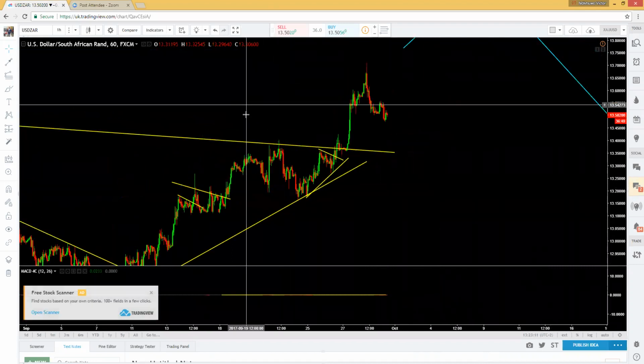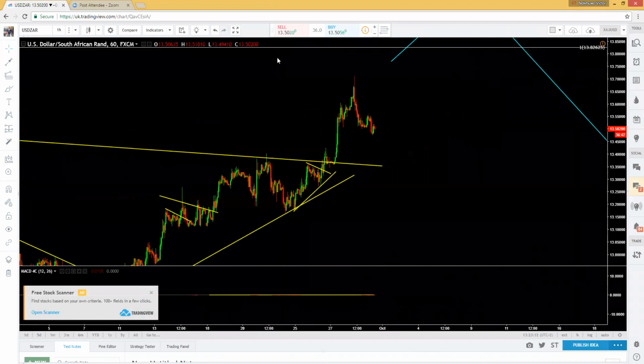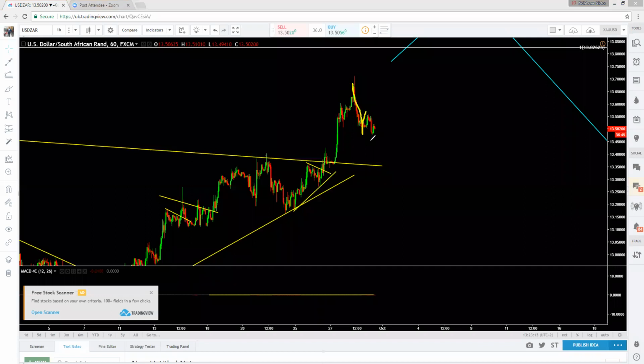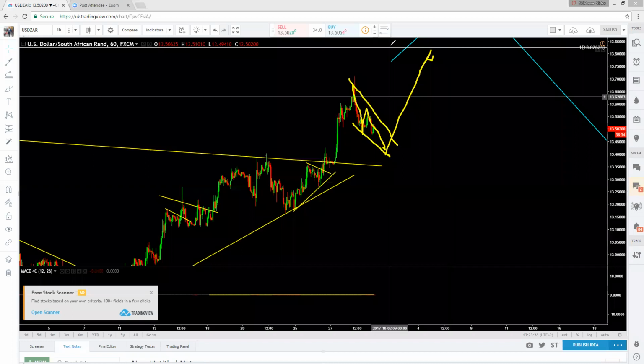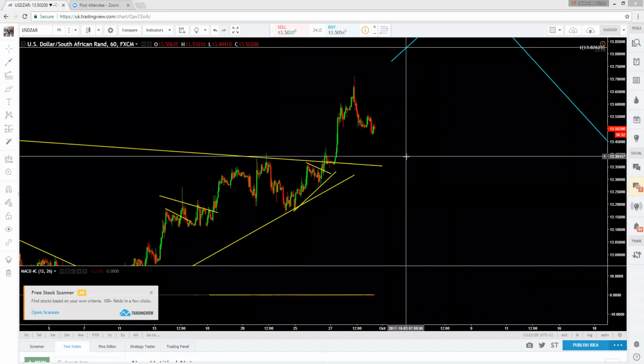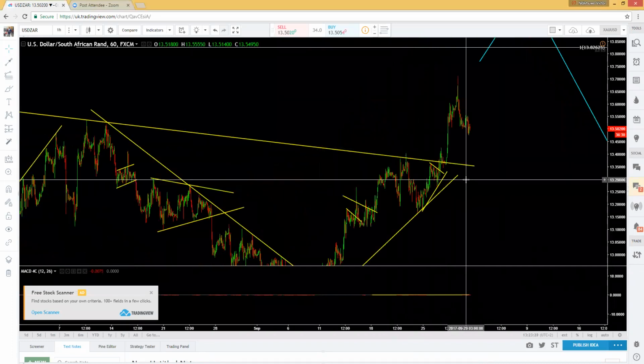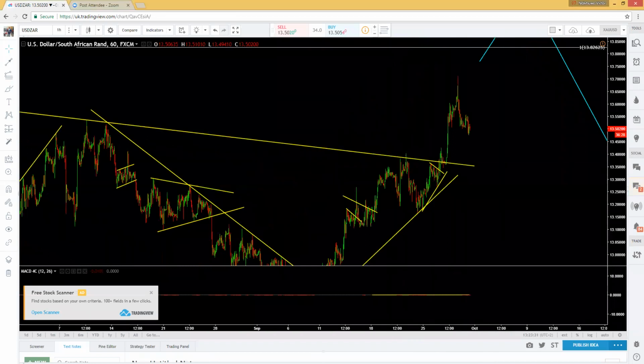So what it could still be doing is this: we've got an impulse, and then it gives us 3 waves. After the 3 waves, we still go to that 14 area. Similarly, US dollar CAD can do the same thing as well. But it looks like US dollar CAD has already reached its equal legs, so it will be done. Okay, so that's US dollar ZAR.